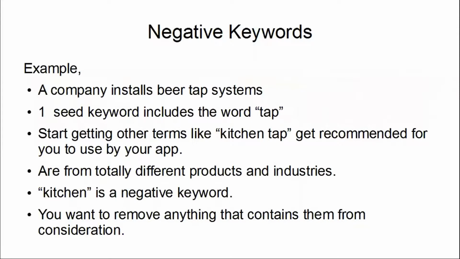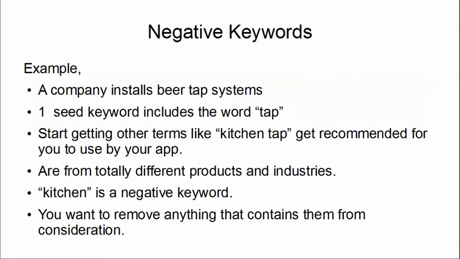For example, if you were a company that installs beer tap systems and one of your seed keywords included the word tap, you may start also getting other search terms like kitchen tap being recommended for you to use as well, even though these are totally different products and industries. In this case, the word kitchen would be a negative keyword, and a word like plumbing may also come up as another negative keyword.